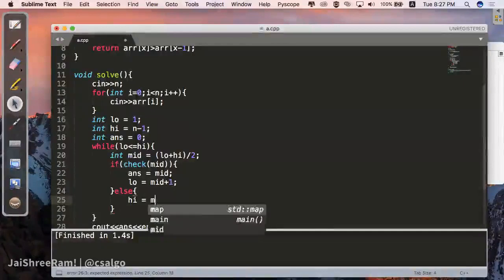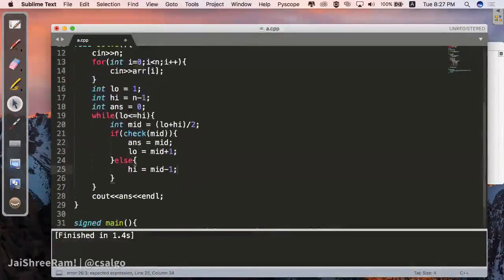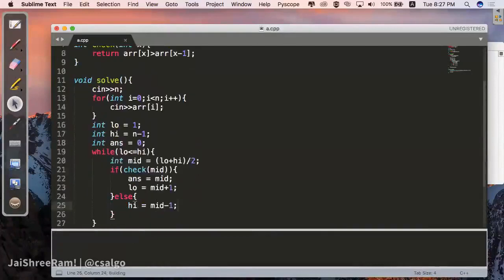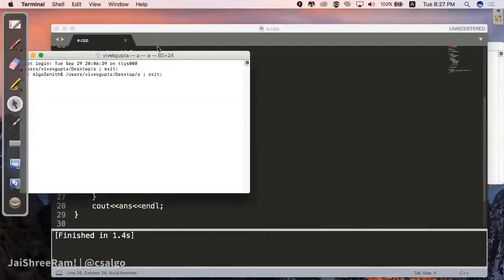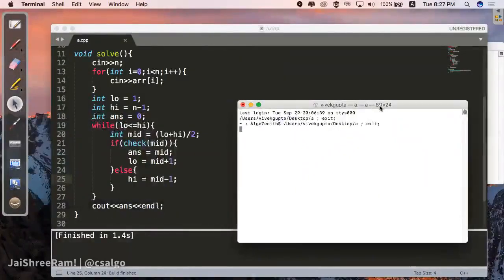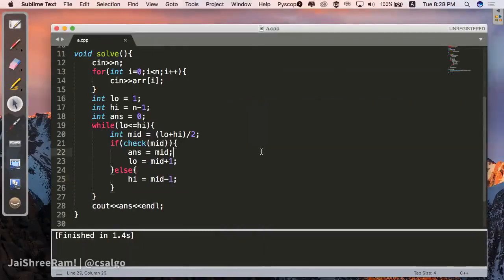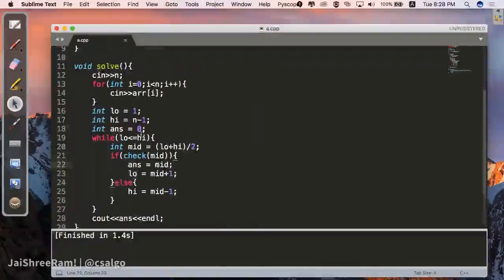That's it, and that's done. Same style, another problem. Let's look at one output, 1 2. This will return us 2, which is the index of this particular element, right? Is everyone clear with this? How are we searching for the mid element over here?